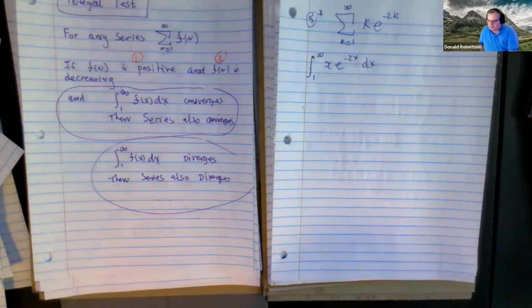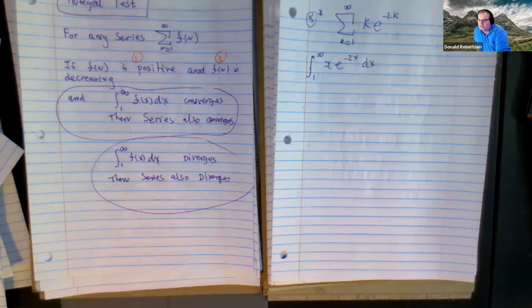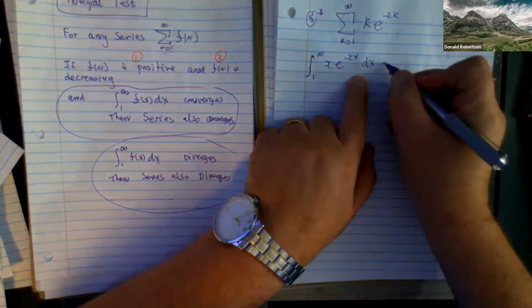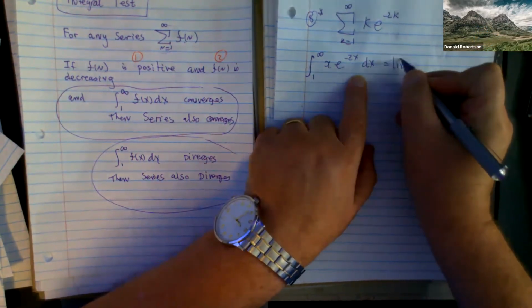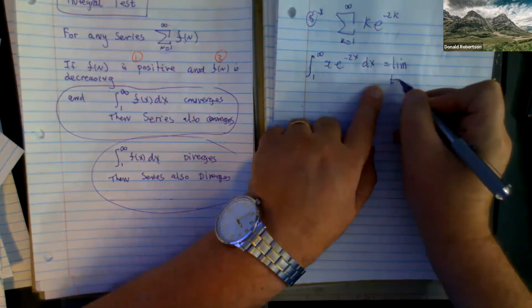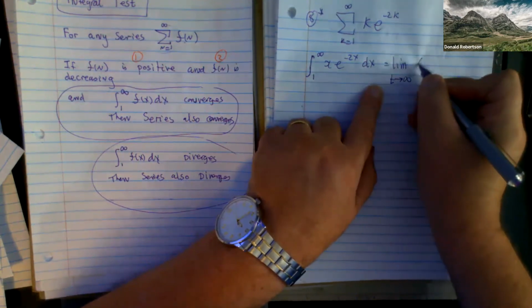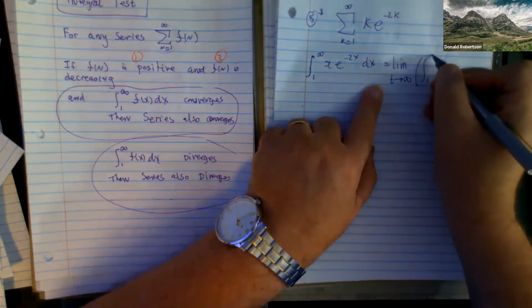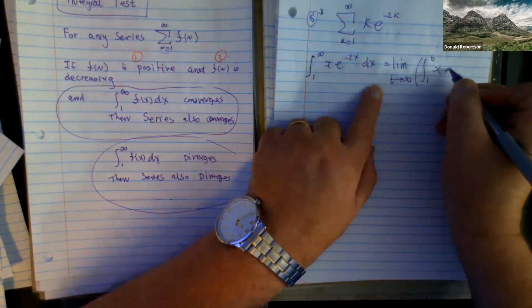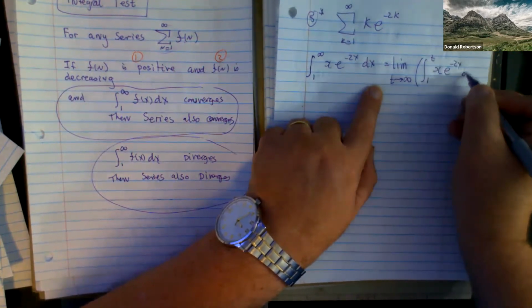Do you see the k doesn't matter? Couldn't it have been called n equals 1 to infinity or p equals 1 to infinity? It would have been the same series. Right. This is equal to the limit as t tends to infinity of the integral from 1 to t of x e to the negative 2x dx.